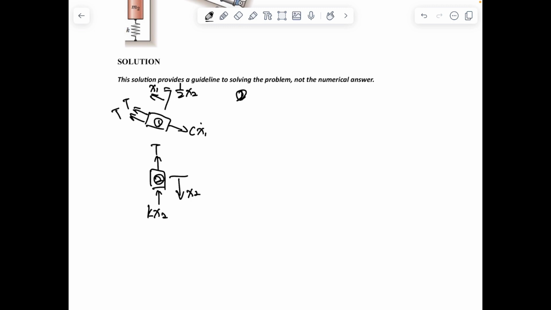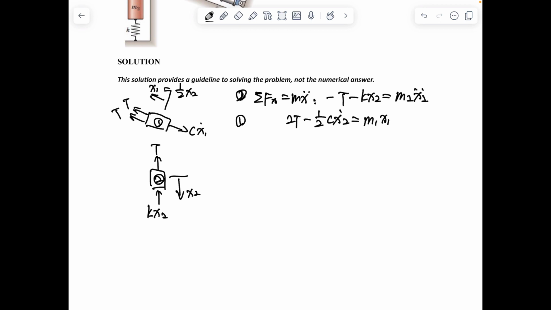For mass 2, sum of Fx is equal to m x double dot: negative T minus k x2 is equal to m2 x2 double dot. For mass 1, we have 2T minus 1 over 2 c x2 dot, which is equal to m1 x1 double dot. This is also equal to 1 over 2 m1 x2 double dot.